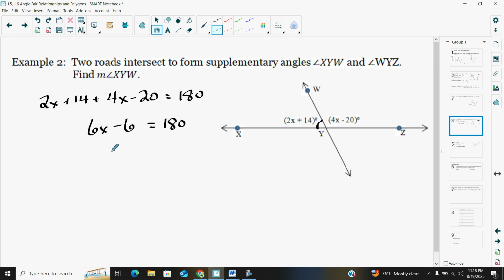Add 6 to both sides. Divide by 6. What is that, 31? And make sure we answer the question. 2 times 31 plus 14 is 76 degrees.